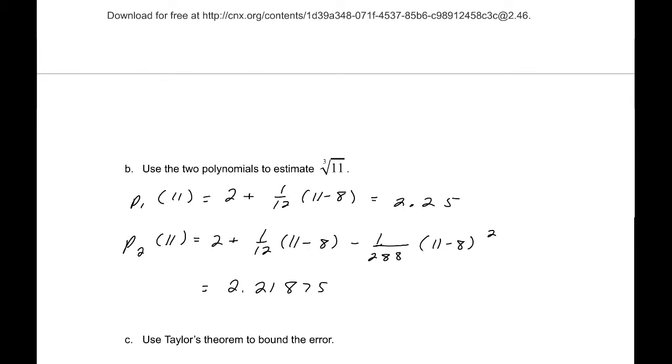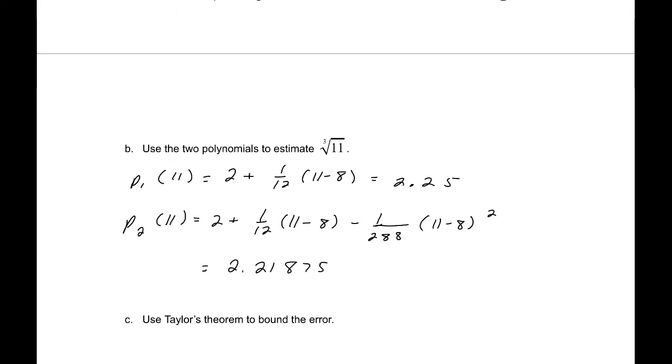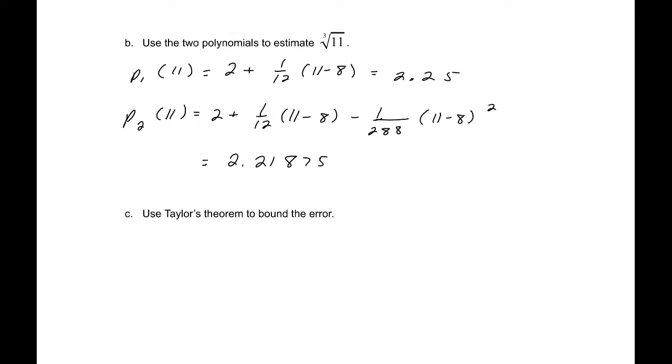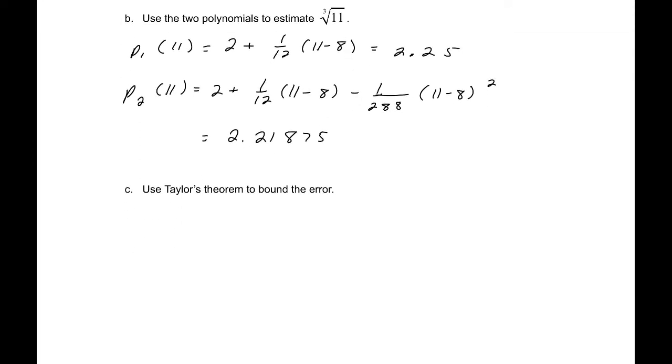Now the idea though that we want here is, can we bound the error? Can we guarantee that we're within a certain range? So with Taylor's theorem, the error, the remainder of our first term, in this case we'll go ahead and make this at 11.